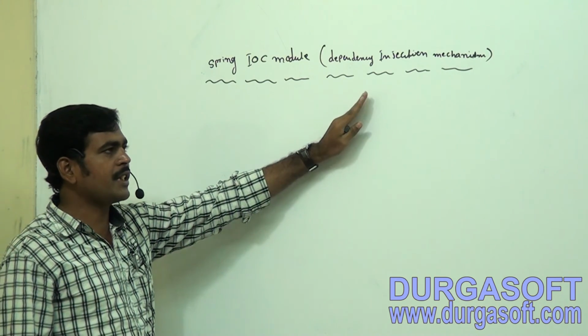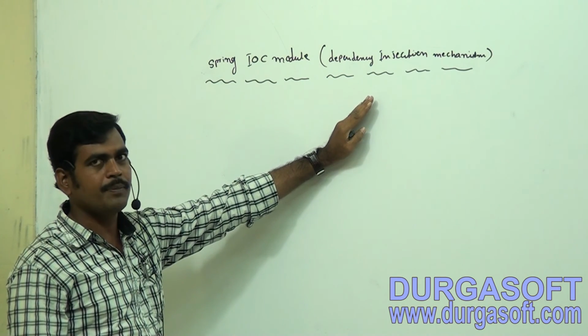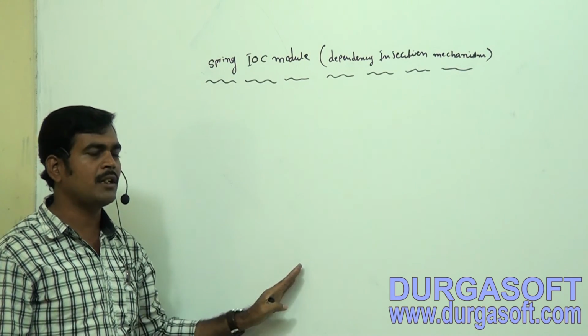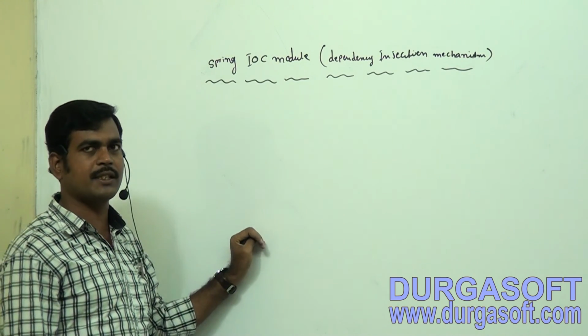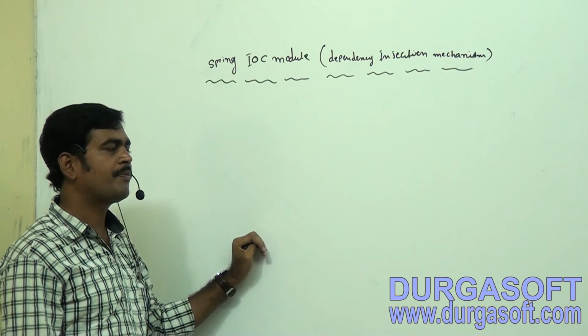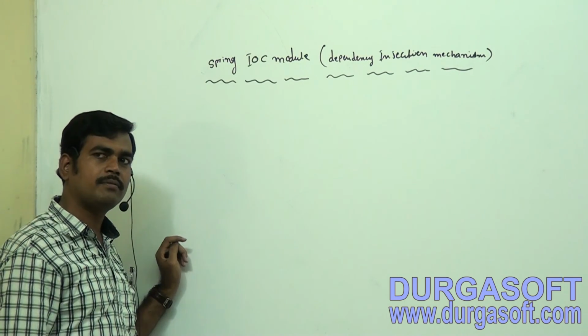But object creation is taken care of by a third party, and the third party is going to give those objects to our application, and we can call the business methods. This is nothing but inversion of control.